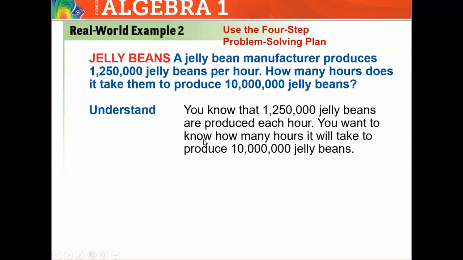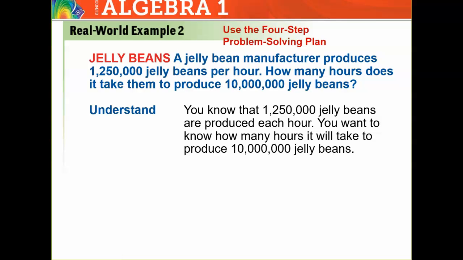So, the understanding. Understand what this really means. So what this means is that there are 1,250,000 jelly beans per hour. We want to know how long it takes to get to 10 million jelly beans. So what are we looking for?